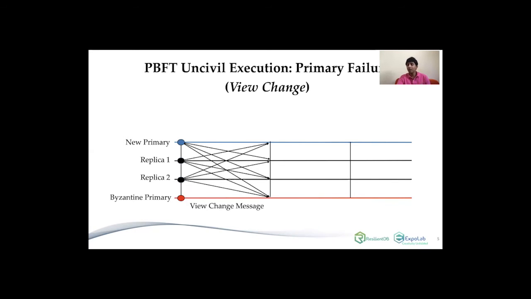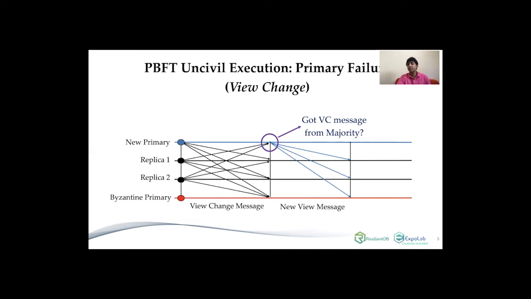Once the new primary receives a view change request from 2F plus 1 replicas, it knows that there are a majority of non-faulty replicas who find the current primary is bad and they want to replace it. So this new primary creates a state, and he checks that now it's got a majority, so he sends this new view message to everyone else.